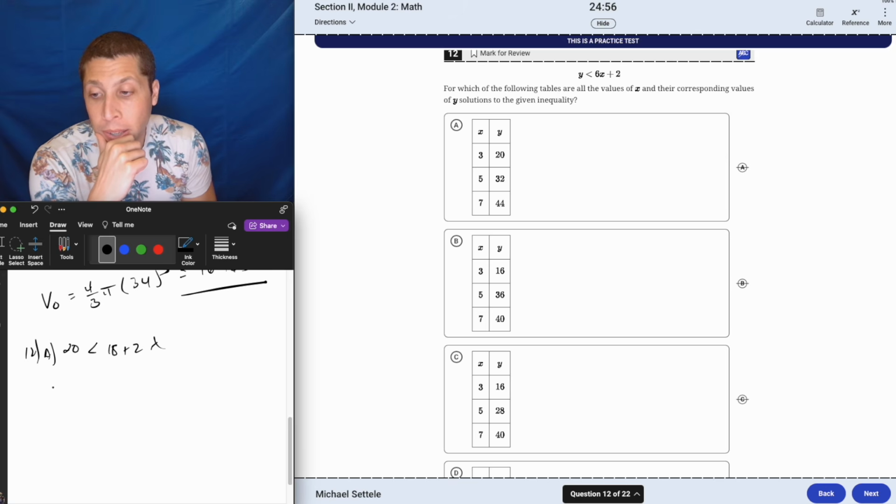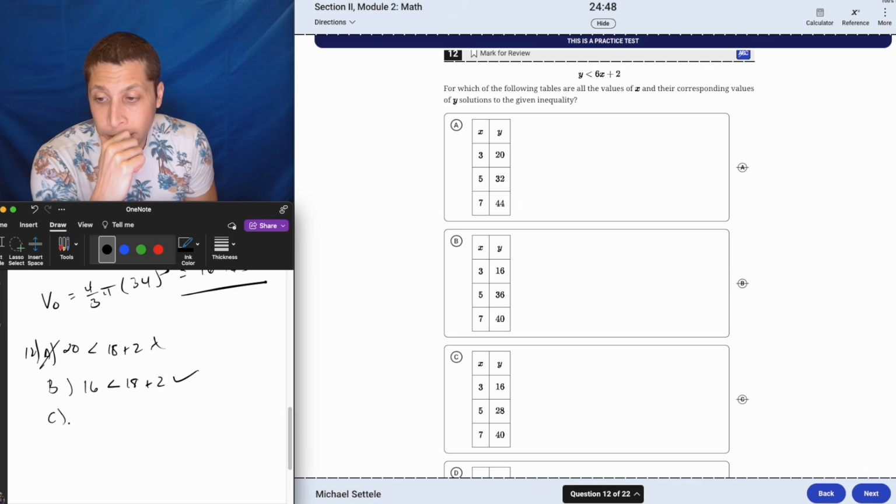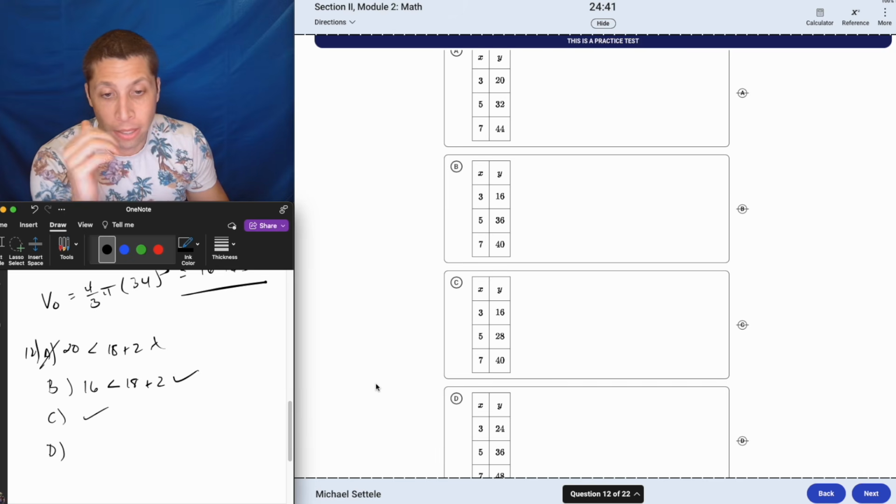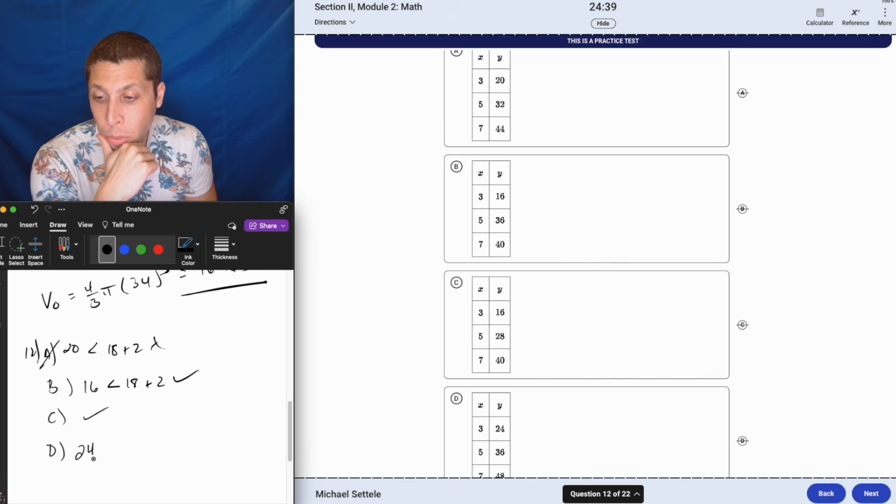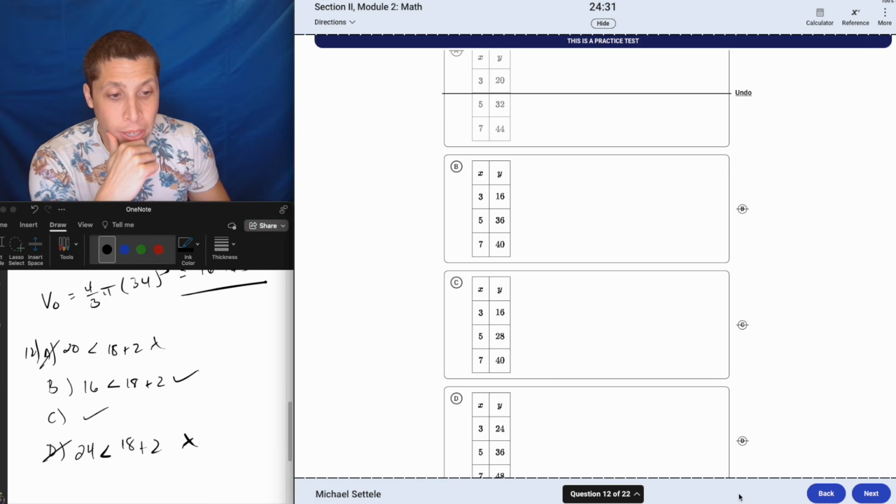So there goes A. B is 16 is less than 18 plus 2. Yes, it is. C is going to work as well. D, 24 is less than 18 plus 2. No, it's not. So we got rid of A, we got rid of D.